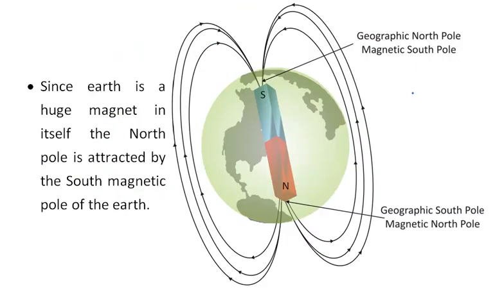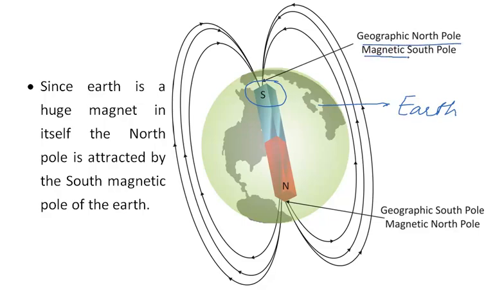Now let us look at this picture. You have Earth here, and Earth can be assumed to have a very large bar magnet embedded at its center. Now the south pole is actually at the geographic north pole.